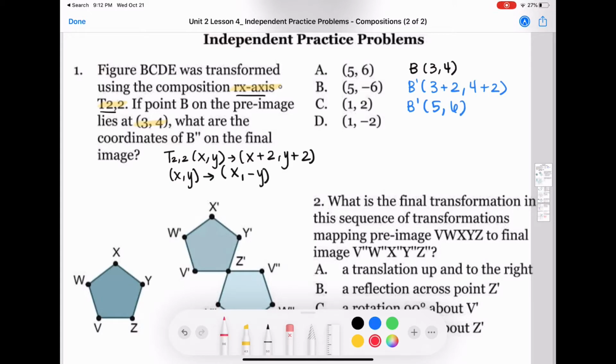And then our next transformation tells us to keep the x and y coordinates where they are, but to go ahead and negate the y. And so we have found our resulting coordinates of B after that composition of transformations, which gives us the answer choice B. Let's look at our next problem.